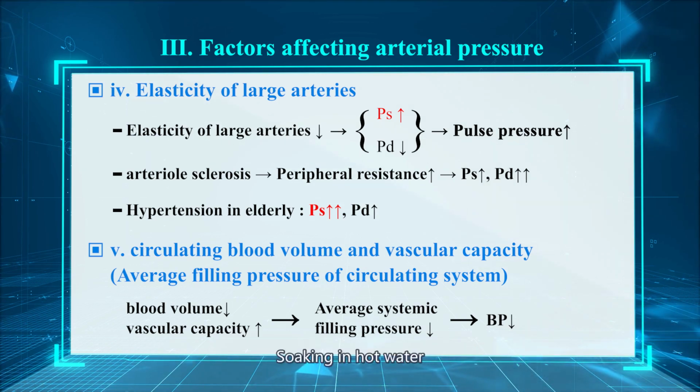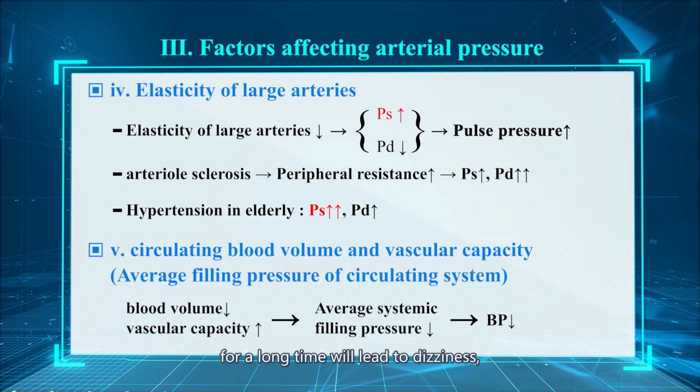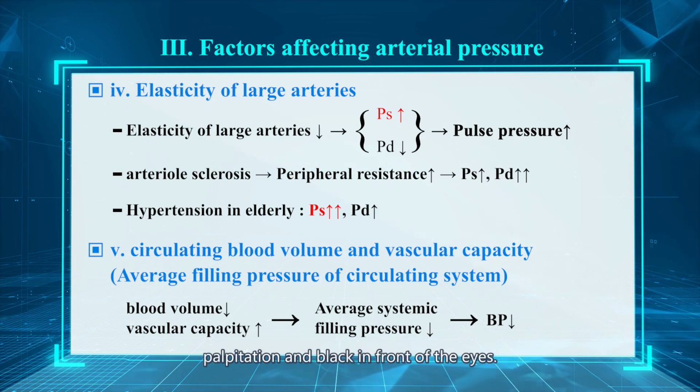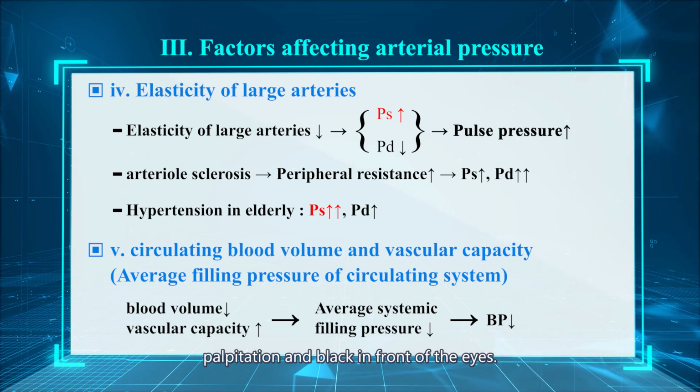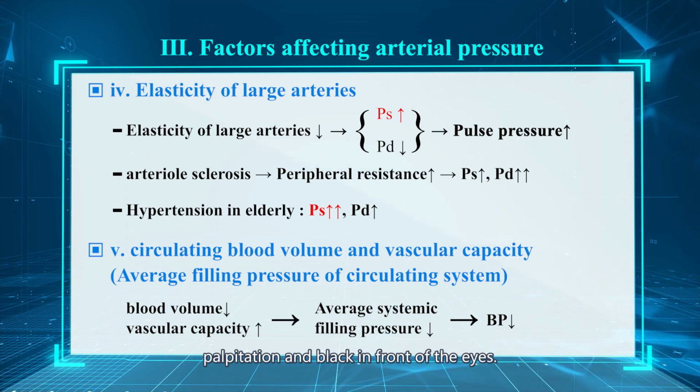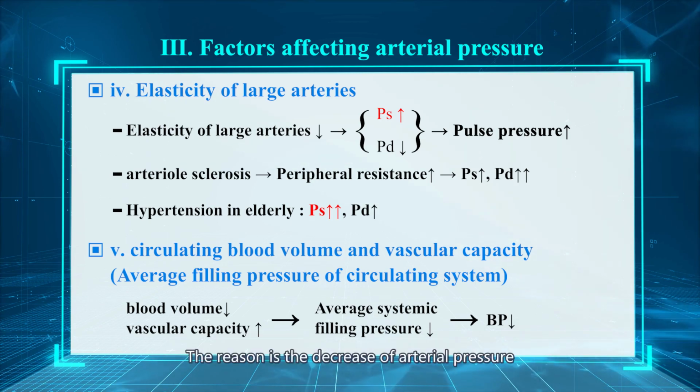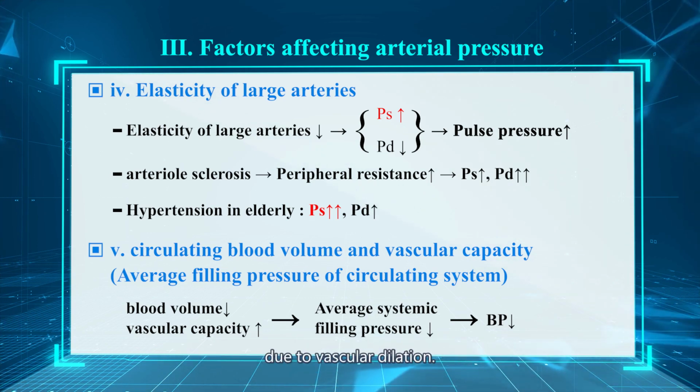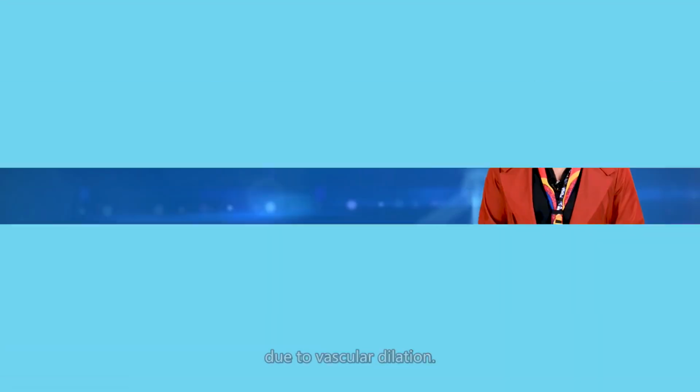Soaking in hot water for a long time will lead to dizziness, palpitation, and black in front of the eyes. The reason is the decrease of arterial pressure due to vascular dilation.